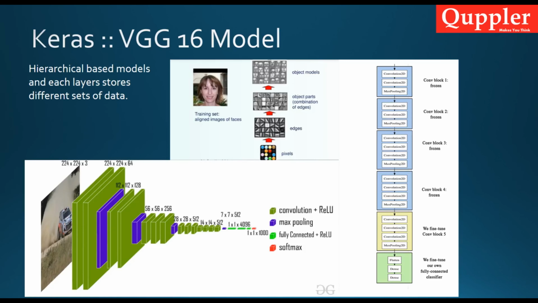Starting off with the VGG16 model, we're going to see the different layers of the convolutional neural network. Here you can see the VGG model is a hierarchical model, and each layer stores a different set of data.